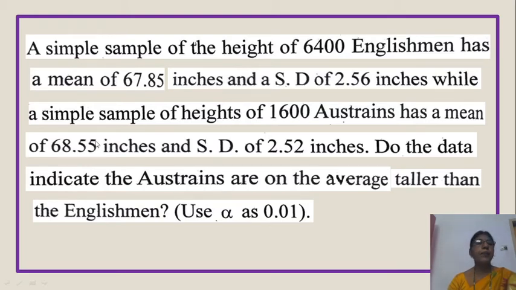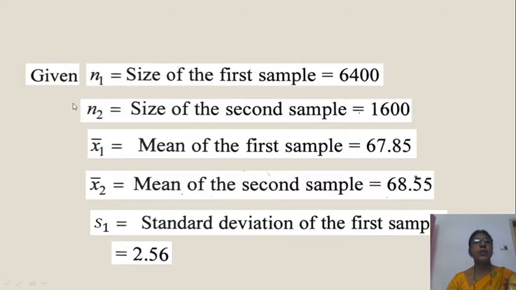For the second sample, the Austrians, N2 is 1600, the mean X2 bar is 68.52, and the SD sigma 2 is 2.52. Do the data indicate the Austrians are on average taller than Englishmen? Use alpha. Okay, now we are going to check.